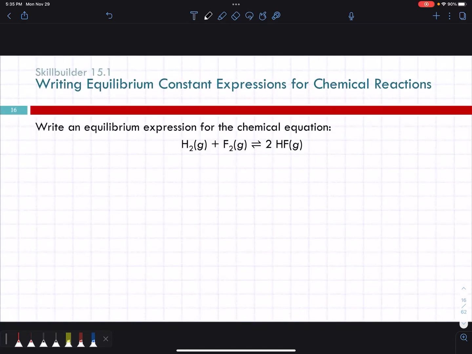All right, so if we want to write an equilibrium expression for this chemical equation, then we'll have KEQ. And actually, I should write that a little more clearly. This is a subscript EQ. It's going to be products over reactants.